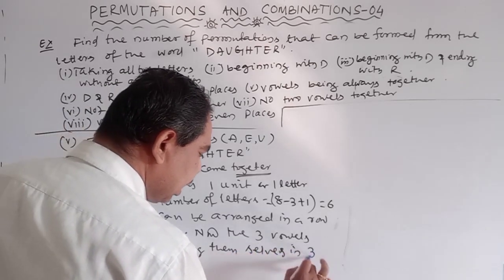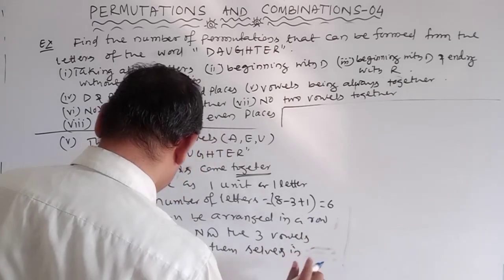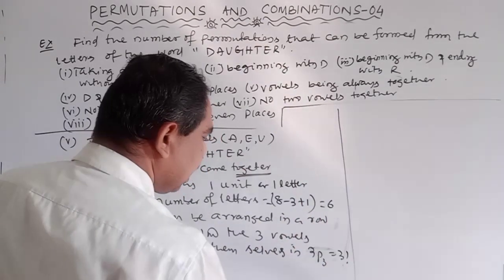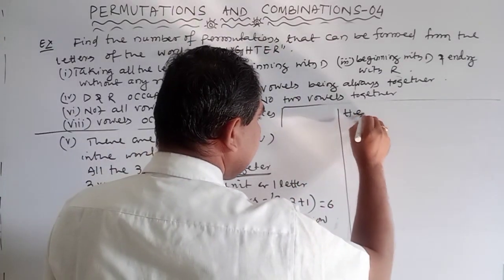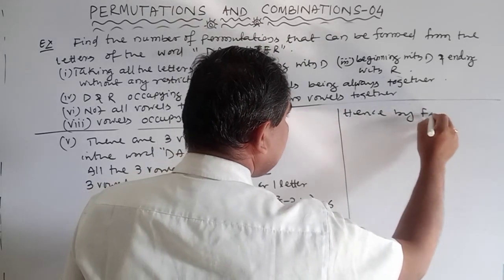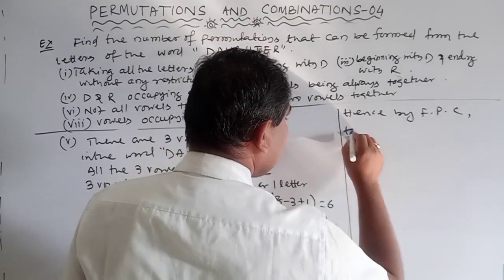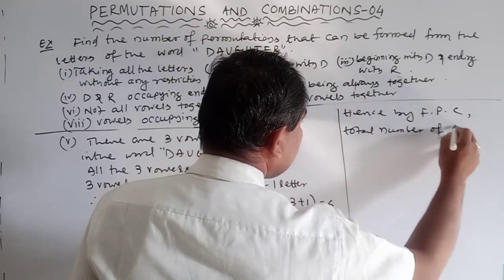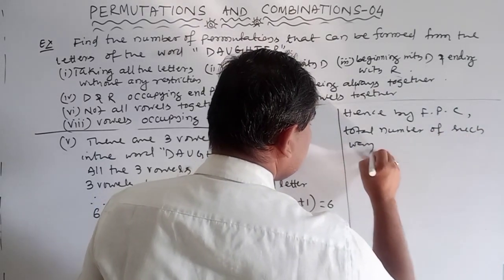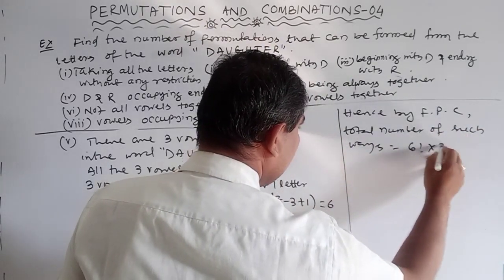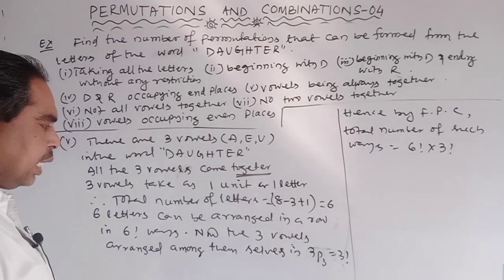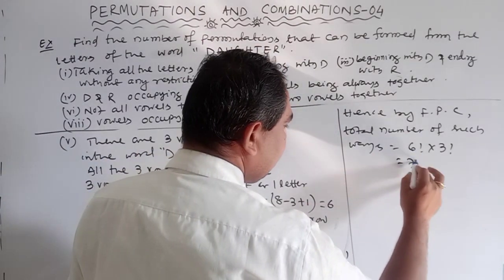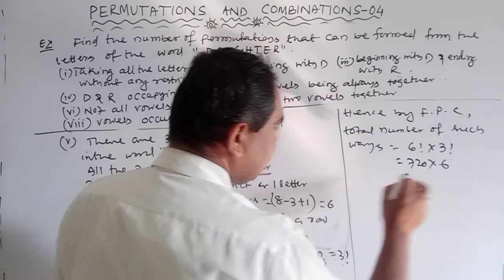In 3 factorial ways, 3P3 ways. Hence by the fundamental principle of counting, the total number of such ways is equal to 6 factorial into 3 factorial. 6P6 means 6 factorial into 3 factorial, that is 720 into 6. 3 factorial means 6.